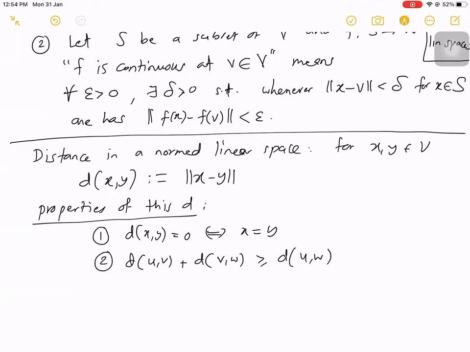You just see what this is saying: this is u minus v, and this is v minus w, and this is greater than or equal to u minus w. This is just the triangle inequality. And you can see that if I take v to be 0, then this really is equivalent to the triangle inequality.